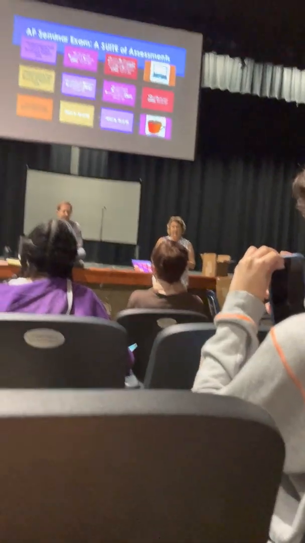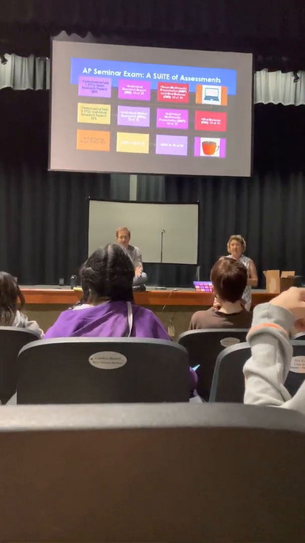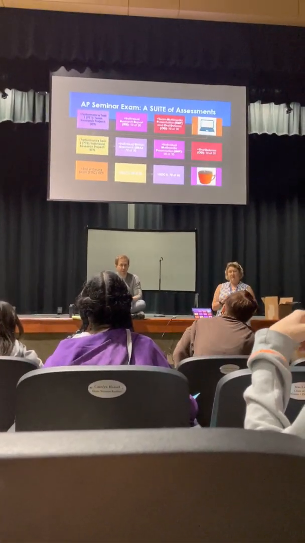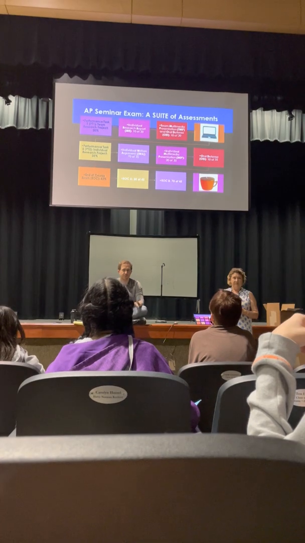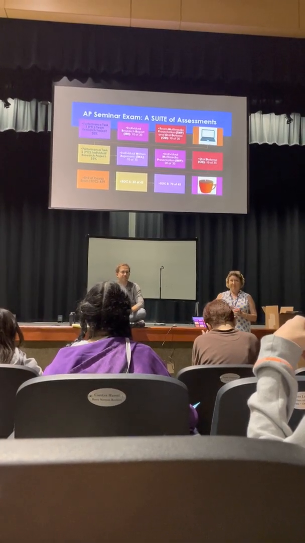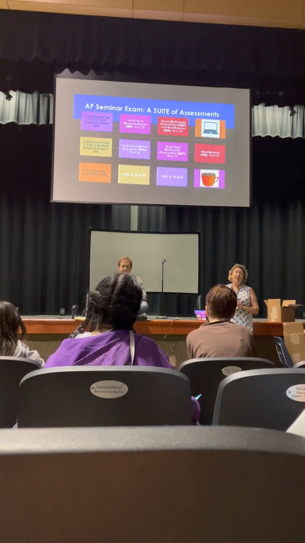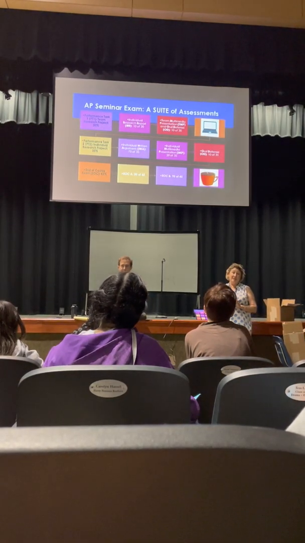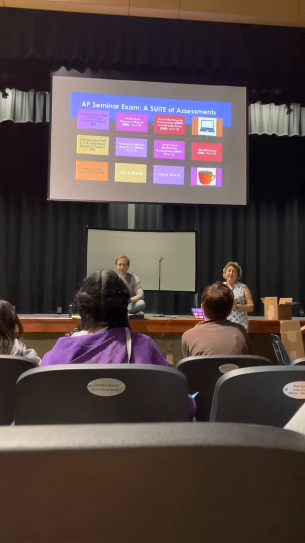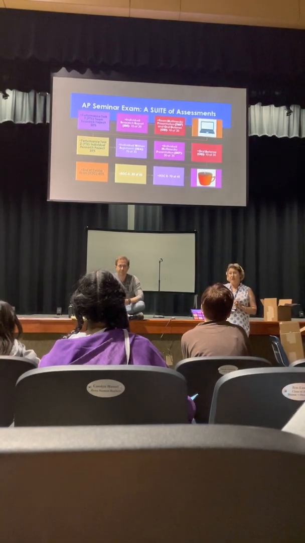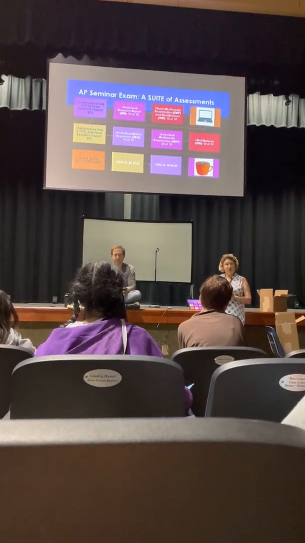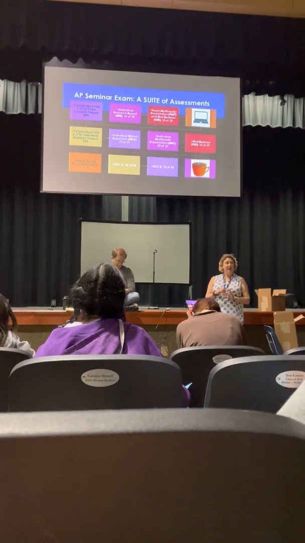Even though you're not getting English credit, it's still necessary to get the Capstone diploma, which is a good way to distinguish yourself, because a lot of the schools around here are not offering this. Johns Creek does not offer this. Distinguishing yourself is a way to get to college. All right, any other questions?